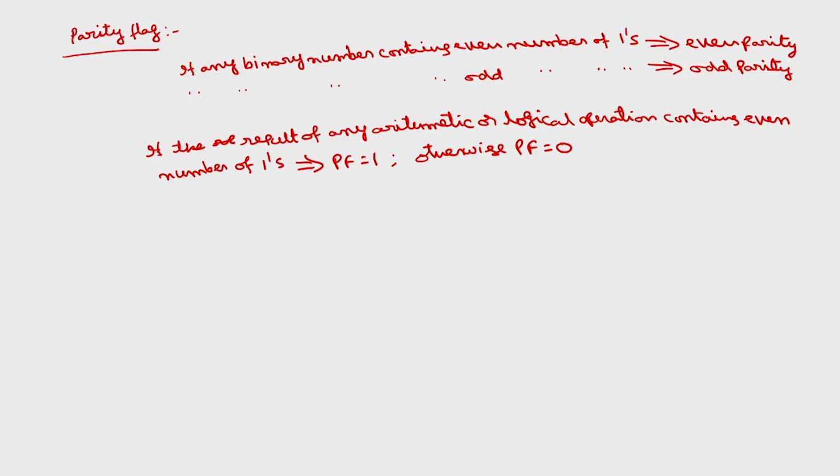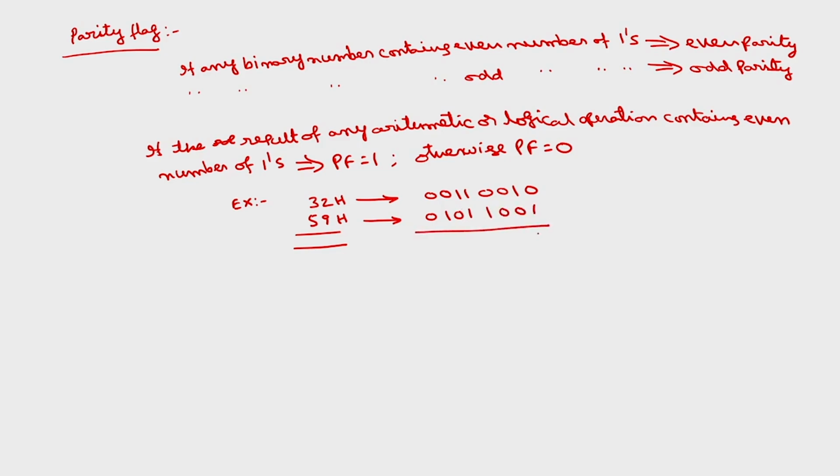Take an example; this is regardless of whether it is an 8-bit or 16-bit number. If I want to add 32H plus 59H, 32 will be 0011 0010, and 59 will be 0101 1001.